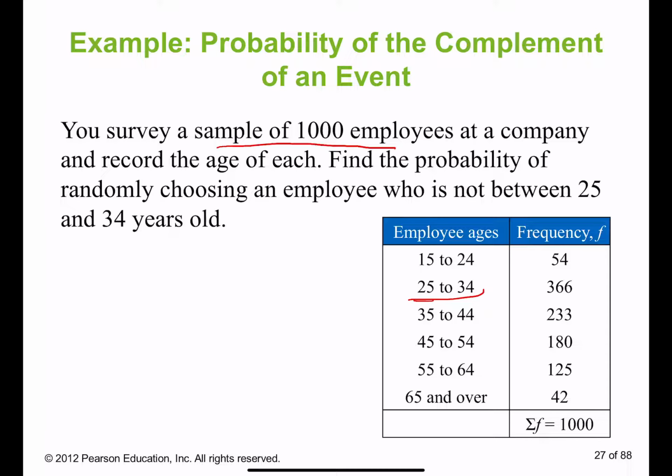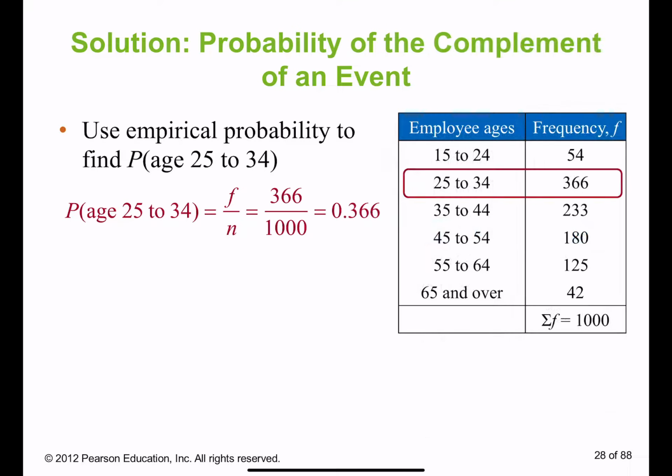Two ways to solve this problem. One way is to find the probability for age 25 to 34. It's a total of 366 people aged 25 to 34, among a total of 1,000 people. So here the probability of 25 to 34 is 366 over 1,000.